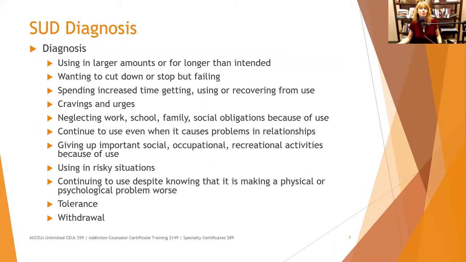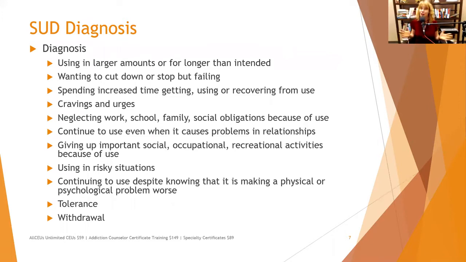So for a substance use disorder diagnosis, the person needs to use in larger amounts or for a longer period of time than intended. They have wanted to cut down or stop, but failed. They spend increased time getting, using, or recovering from use, have cravings and urges, neglect work, school, family, and social obligations because of use, continue to use even when it causes problems in relationships, and give up important social, occupational, or recreational activities because of use.